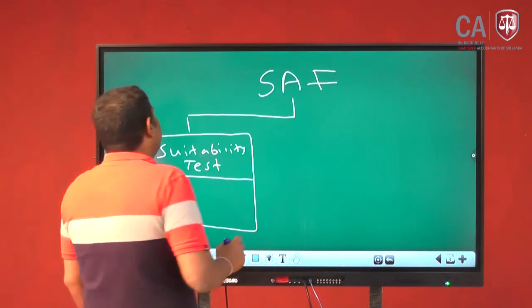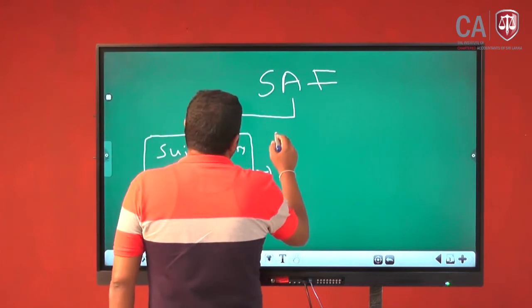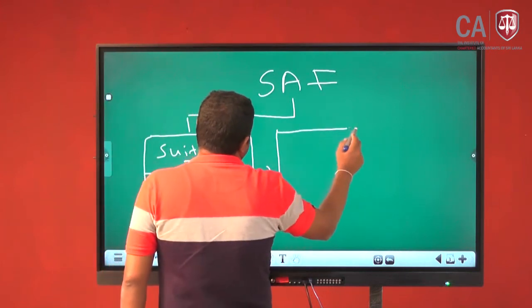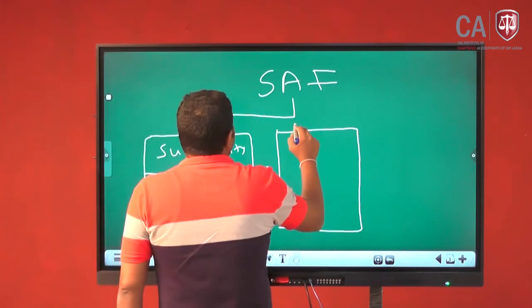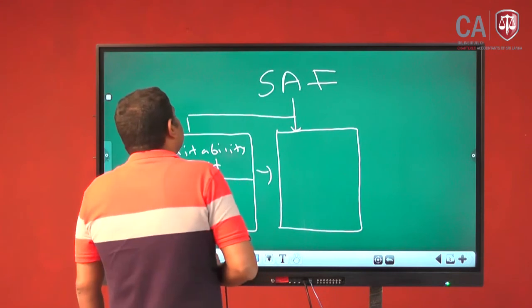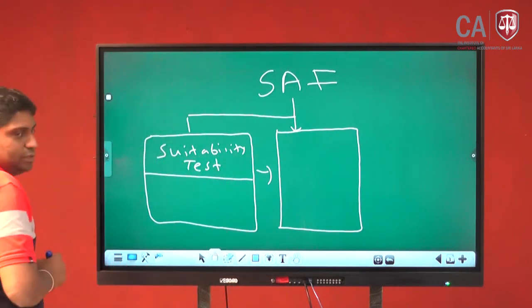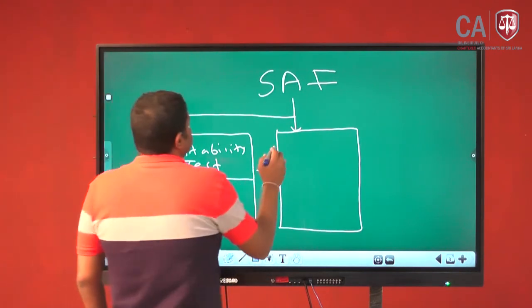After you have completed the suitability test, then you move to the next test. They take place in sequential order actually. The second test is the acceptability test.